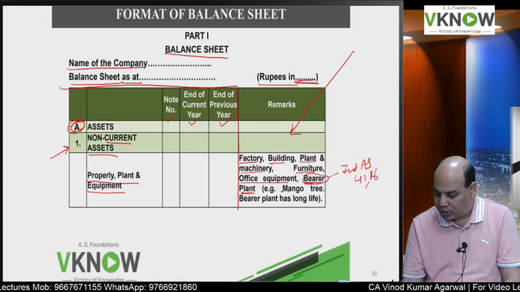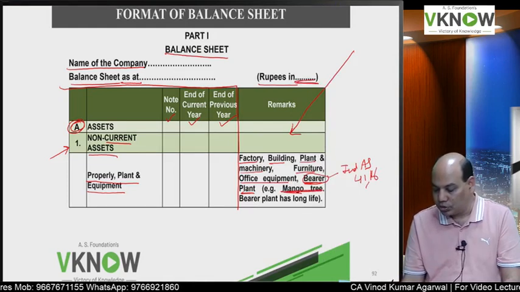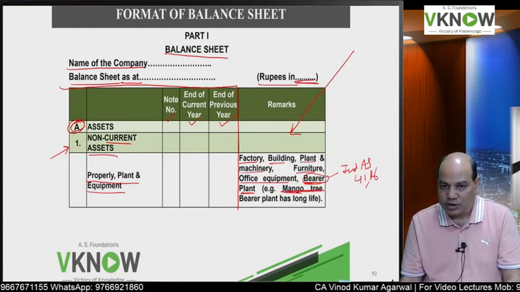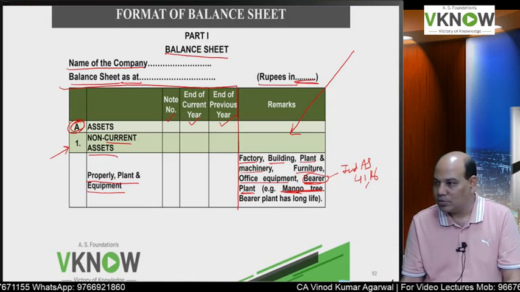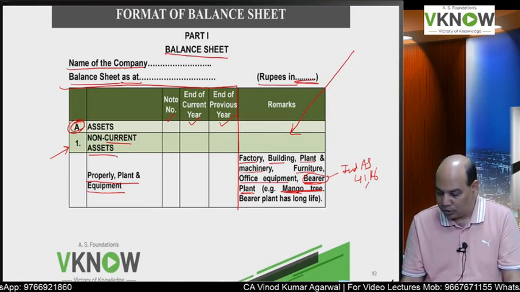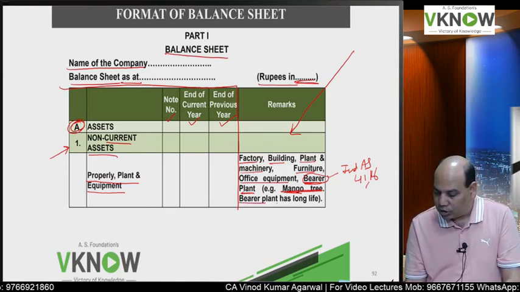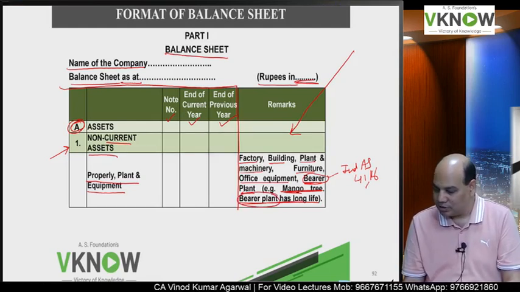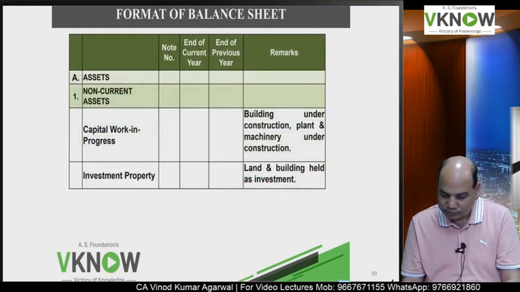Example of a bearer plant is a mango tree, that is, plants which bear fruits and vegetables. They themselves are not sold, but the produce is sold, and they have a long life. Therefore even bearer plants are treated like PPE. They are also depreciated, revalued and so on.